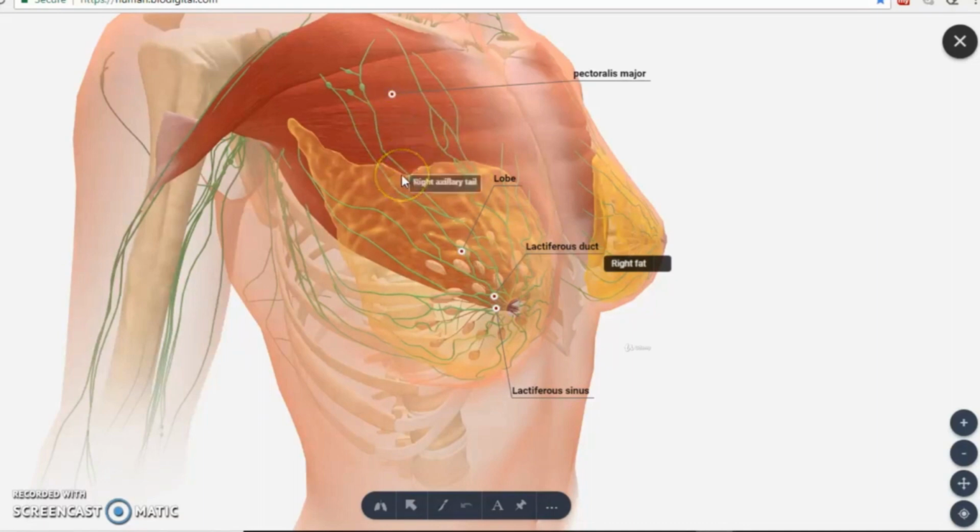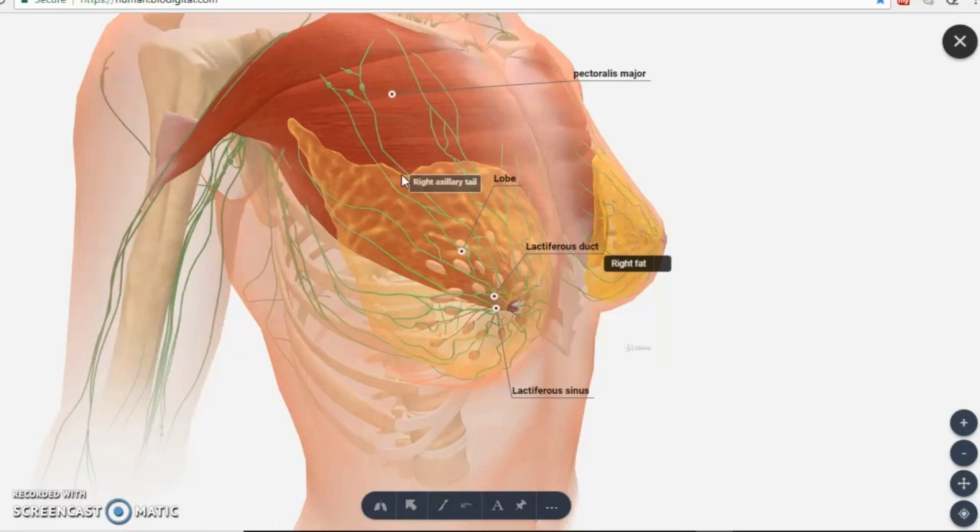You can make out green vessels or green tubes present all over the mammary gland, and these are nothing but lymph vessels. The lymphatic system is well developed in the mammary gland to drain the lymph fluid. I will explain the lymphatic system in detail later.